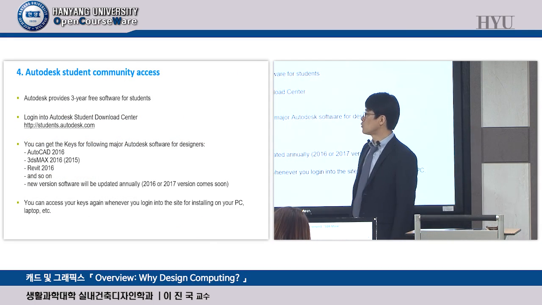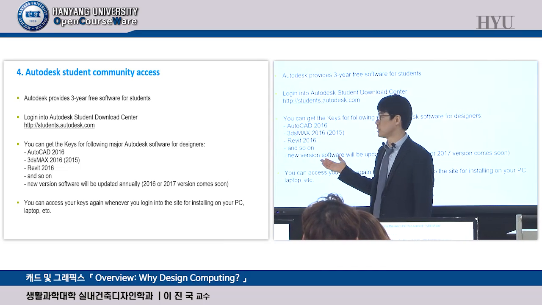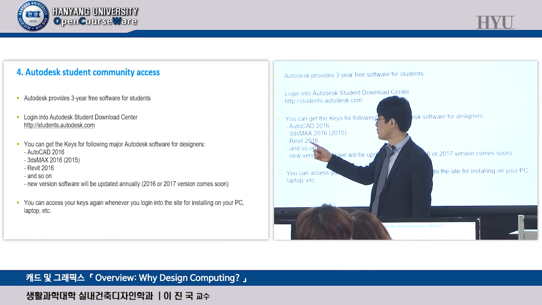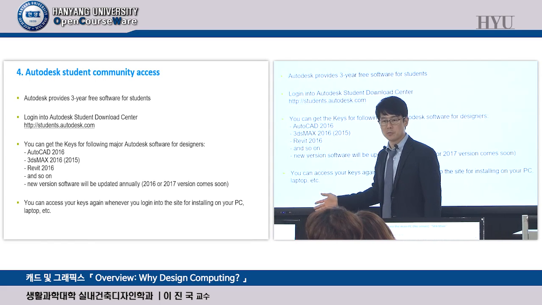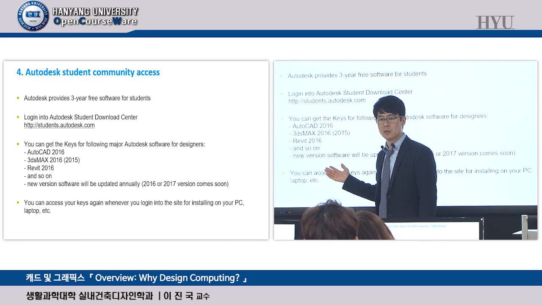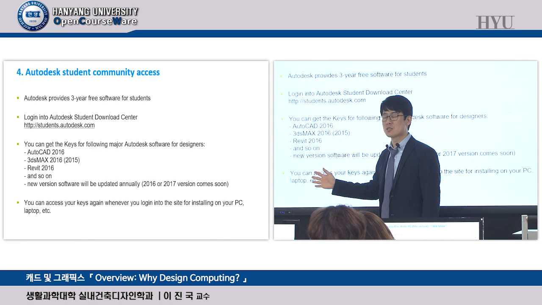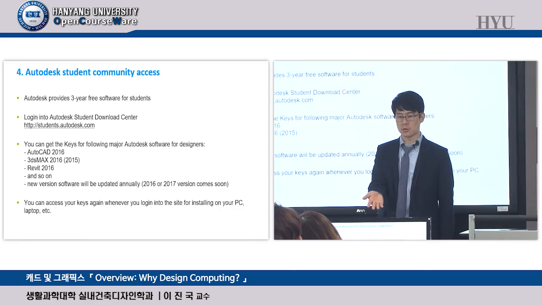And also how to get free software for students using the Autodesk community, especially AutoCAD, 3ds Max, Revit, and so on. Hundreds of Autodesk applications are very heavyweight. There are lots of applications, but thankfully they are all free for students, okay?